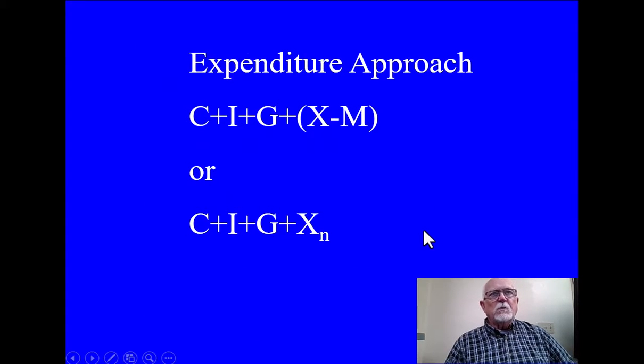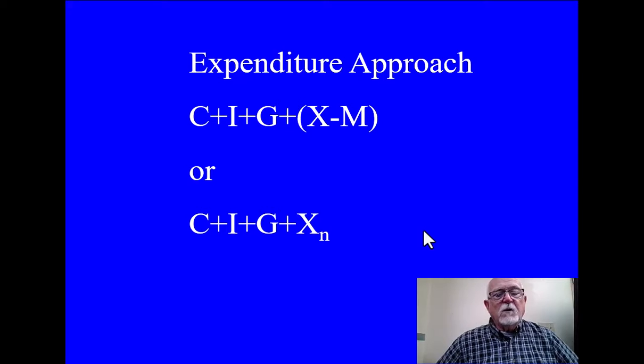So the expenditure approach, you can think of that as the different components. C stands for consumer spending, that's households. I stands for business investment spending, and that's purchases of capital goods. That's not purchases of stocks and bonds and things like that. That's financial investment. G stands for government. X minus M stands for net exports, X stands for exports, M stands for imports.